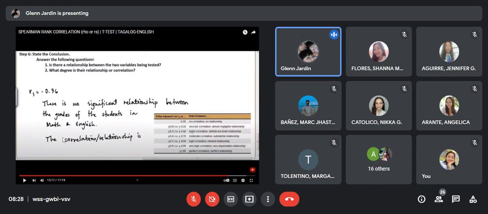Alam na naman natin na meron tayong light or mahinang negative correlation ng ating rs kanina. Our conclusion in this problem, we can say that there is no significant relationship between X and Y, or grades in math and English. Walang correlation or walang kinalaman. Wala silang relasyon, kumbaga sa ibang salita.